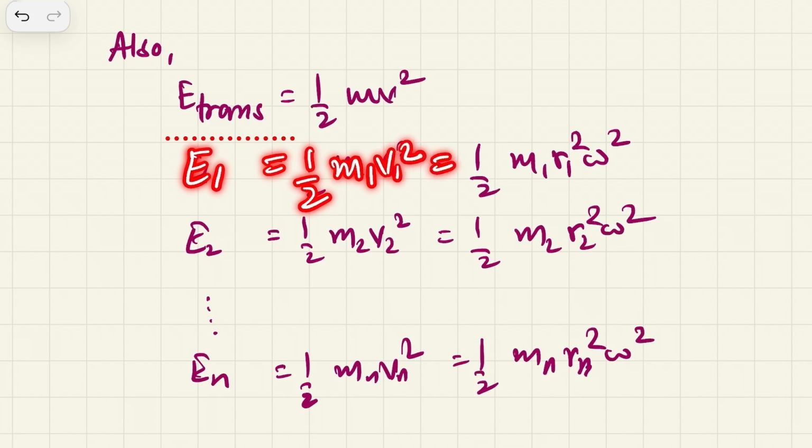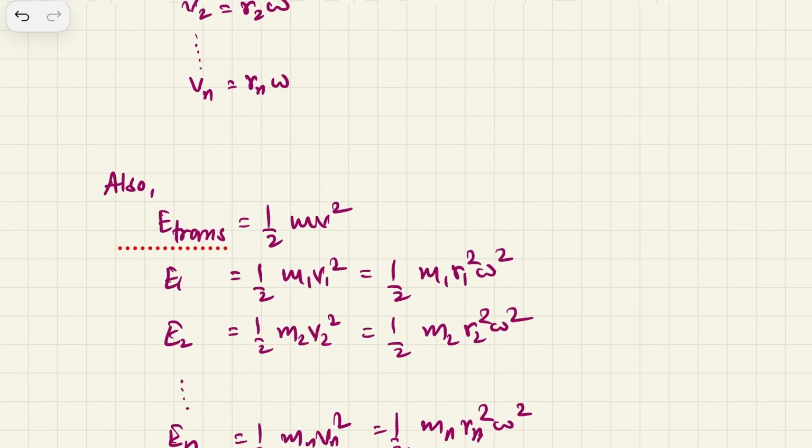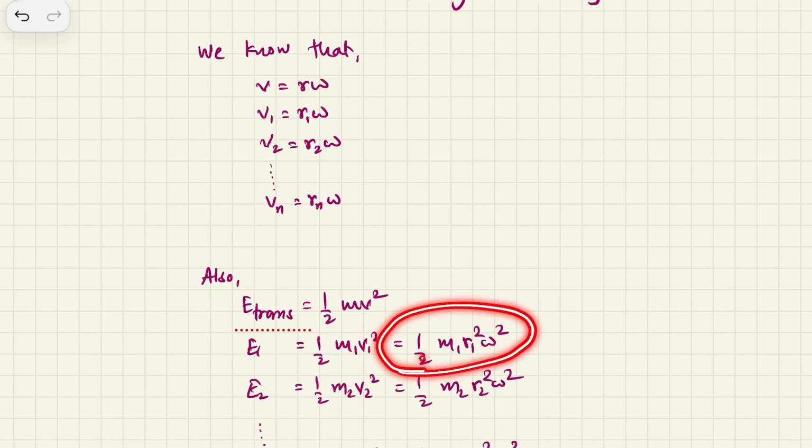But we have found the value of v1 in the above equation, that is v1 is equal to r1 omega. So wherever there is a v1, I'll put r1 omega, but because there is a square, this will be squared. Note this step: half of m1 r1 square omega square.